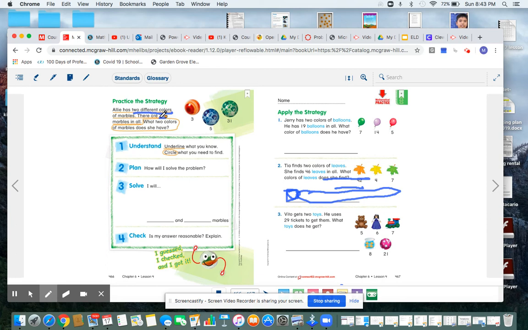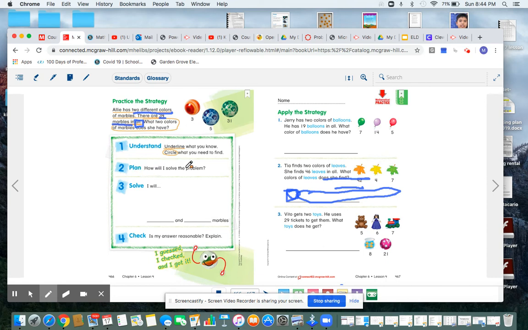So that means the total is 34 marbles. The important word is all, so I'm going to box that because that tells me the answer is the sum. What 2 colors of marbles does she have? So I know that I have to add these 2 numbers to get to 34.